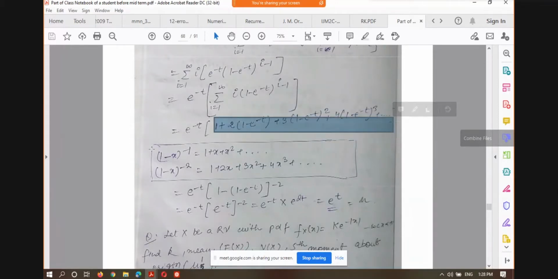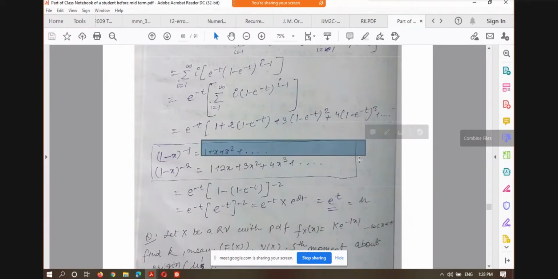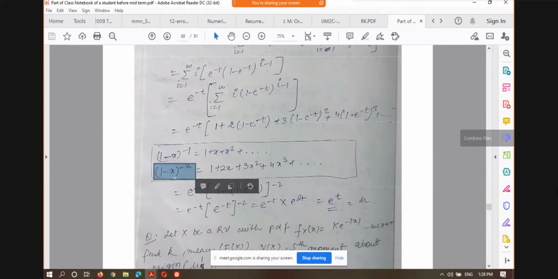You know that 1 minus x raised to power minus 1 has this expansion, 1 plus x plus x square like that. If you try to calculate the expansion of 1 minus x raised to power minus 2, you may have calculated it in your 12th standard. Actually, this one is 1 plus 2x plus 3x square plus 4x cube like this.